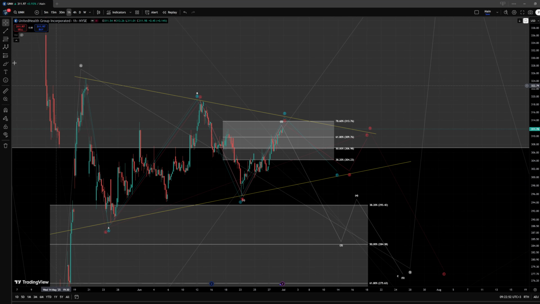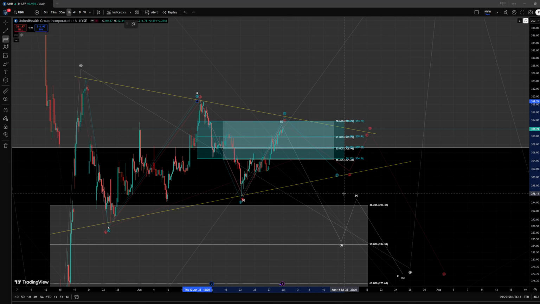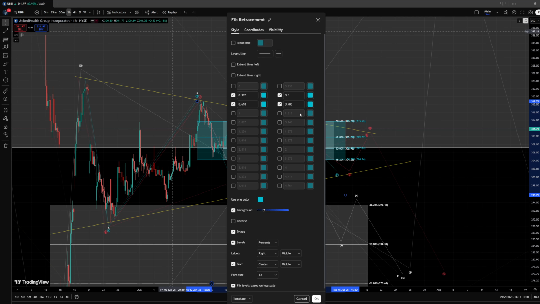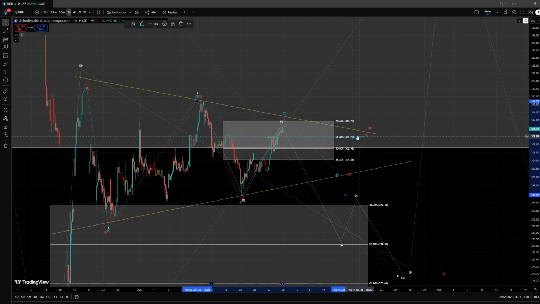The resistance zone for a wave of the triangle, so for example for this D wave, would be around the 61.8% retracement. So this is the ideal level at 310 that a triangle wave should turn.